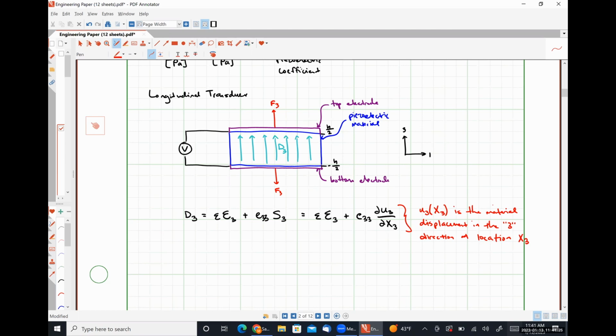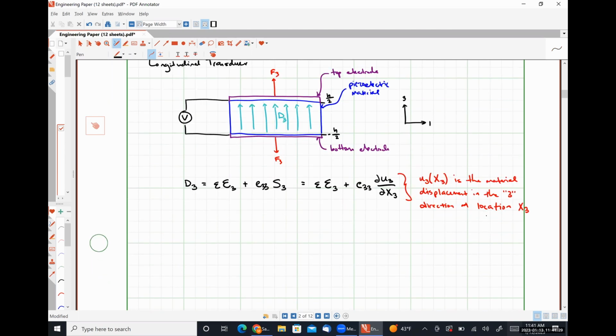All right, so what we're going to do is we're going to integrate this guy. We're going to integrate both sides across the entire thickness of the crystal. So we're going to have the integral from negative h over 2 to positive h over 2 of D3 dX3.